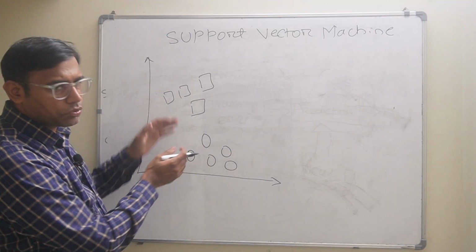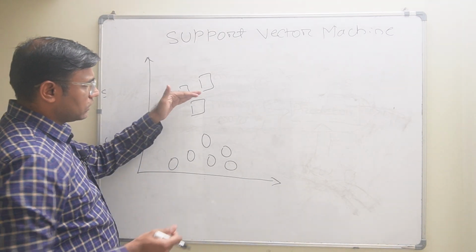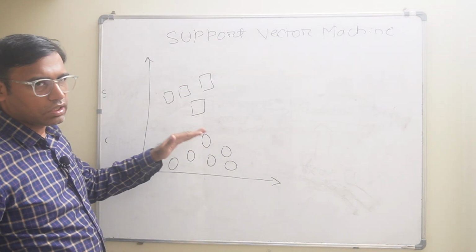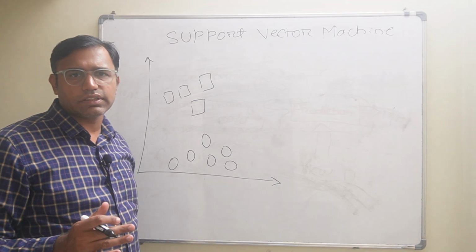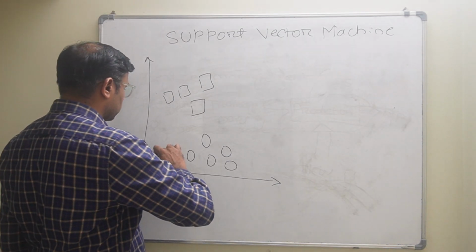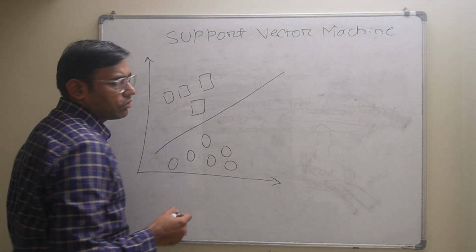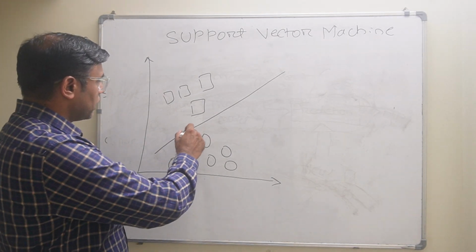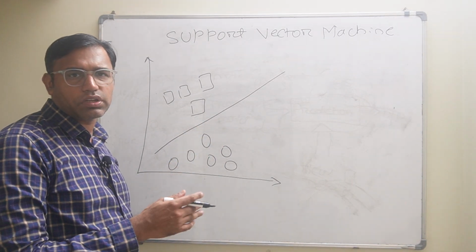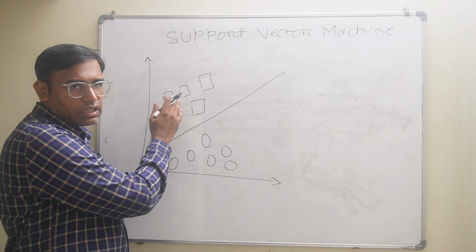Now here we did the classification. These are the squares, these are the circles. Now if you want to differentiate it, what we will do, we will draw one straight line here. So there will be accurate classification. Now this line is nothing but the decision boundary which differentiates the circle and square.